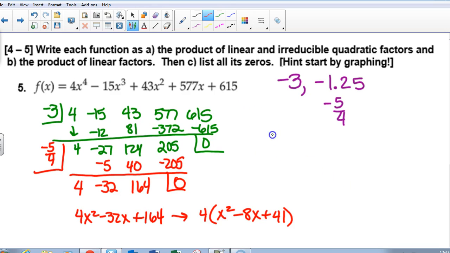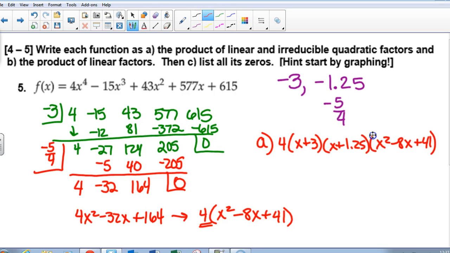Okay, let's go back and do what we're supposed to do here. A says product of linear and irreducible quadratic factors. I don't care if you put that 4 out in front of your x plus 3 and your x plus 1.25 and your x squared minus 8x plus 41.